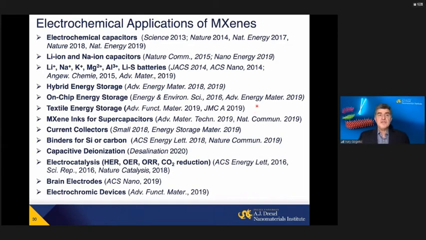And of course, they already are being explored in many different electrochemical applications, from electrochemical capacitors, lithium and sodium-ion capacitors, to pretty much all kinds of batteries, and so on and so forth, to electrodes, brain electrodes, implantable devices, electrochromics, and electrocatalysis.